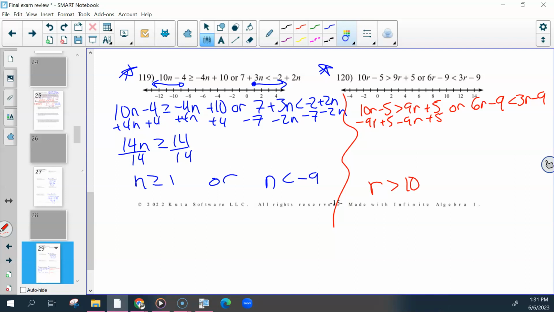And then focus on the other side. Say I subtracted 3r and added 9. The 9 here would cancel. Become 0. Wait, keep going. Divide both sides by 3. So again, it's or, so they're going to face away from each other. These are both going to be open. One at 0, one at 10. 10 going to the right, 0 is going to the left.